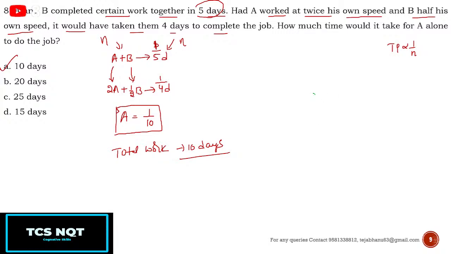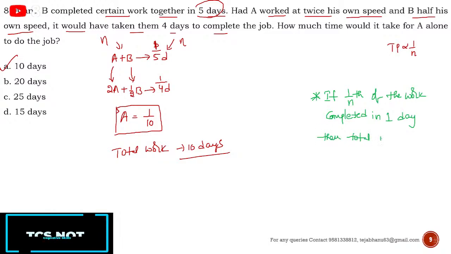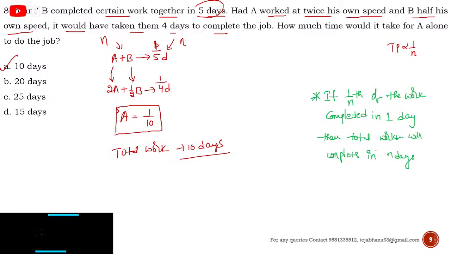If 1 by nth of the work is completed in 1 day, then the total work will be completed in n days. I hope it's clear.